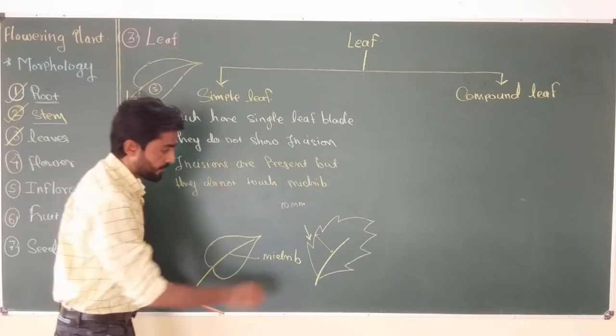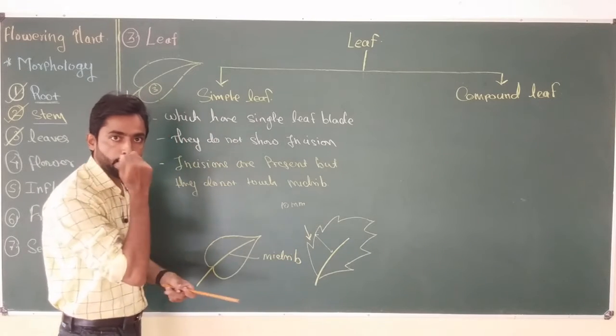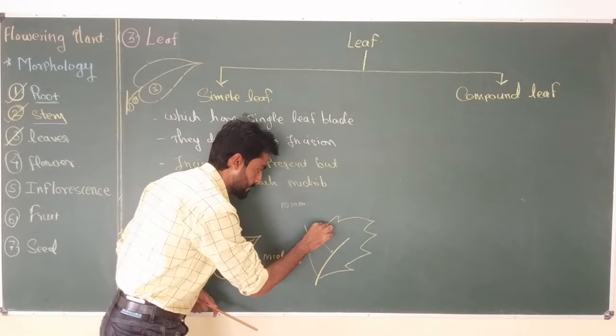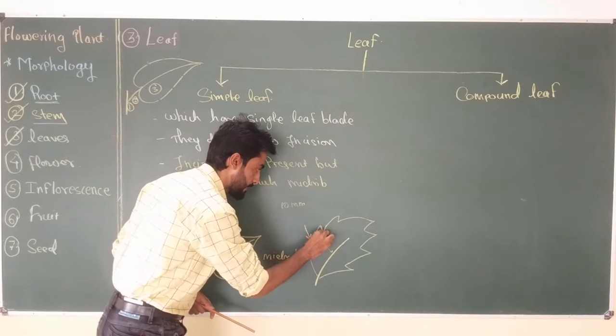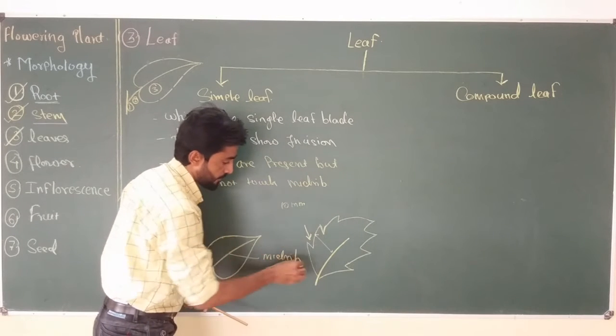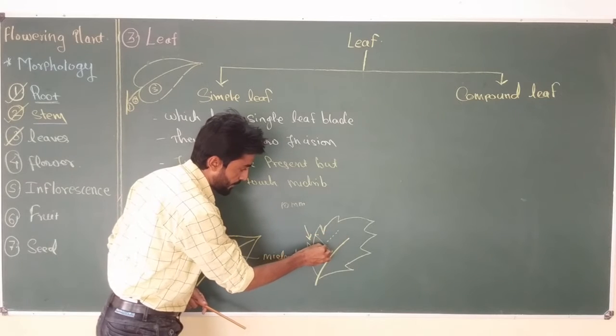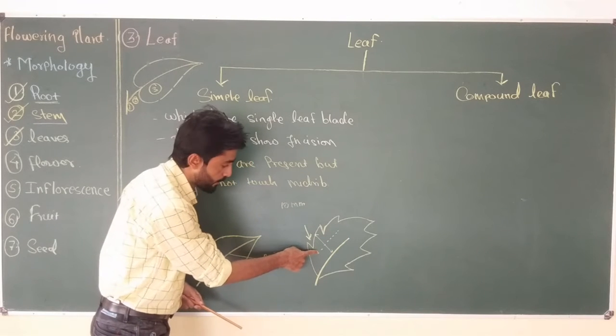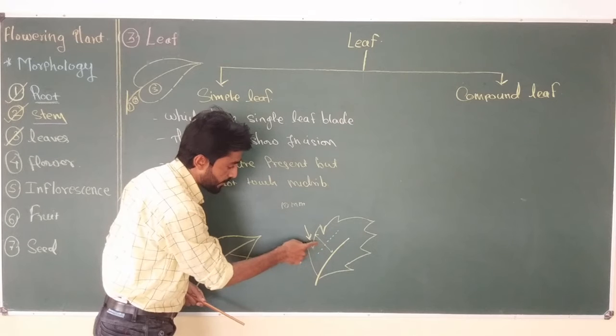I am drawing an imaginary axis on the leaf, which divides the lamina into two parts.